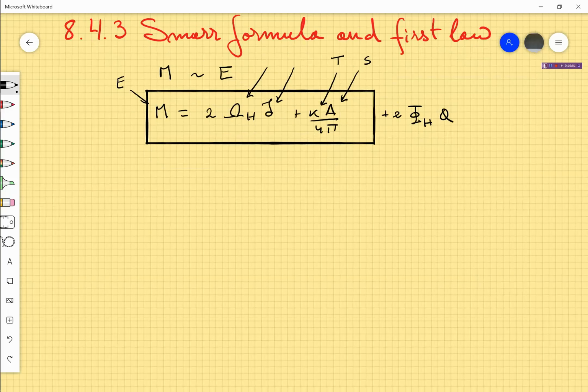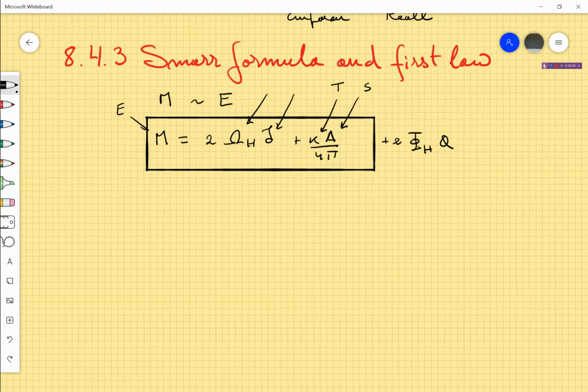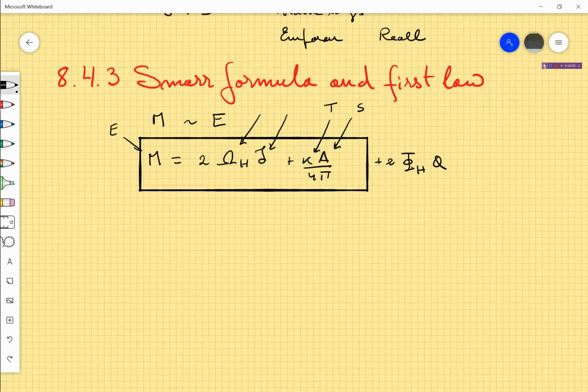The simplest way to arrive at the first law in the context of the Kerr black hole is to consider the variation through some process, or some perturbation, in which M becomes M plus delta M, where delta M is supposed to be very small.